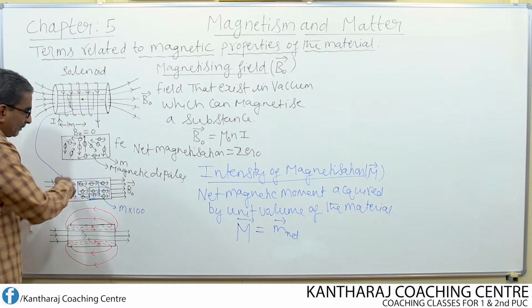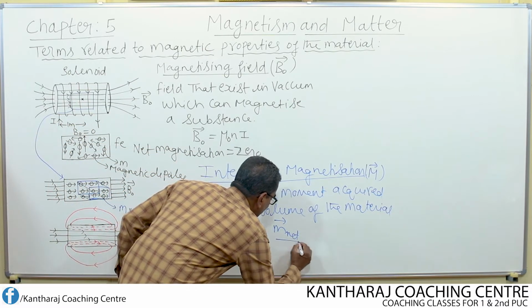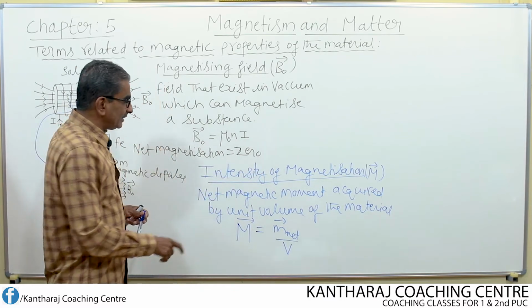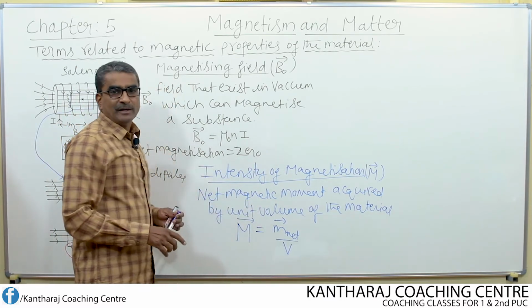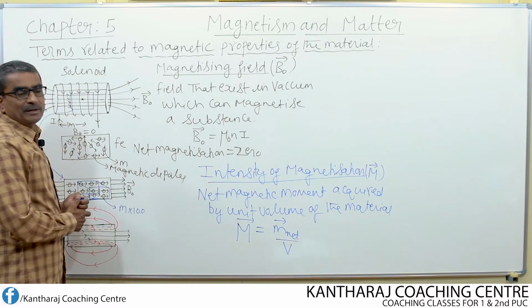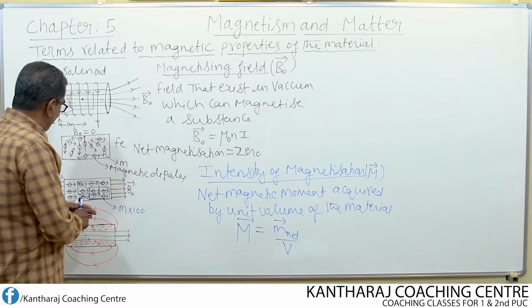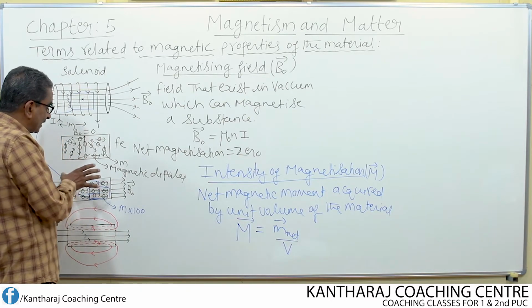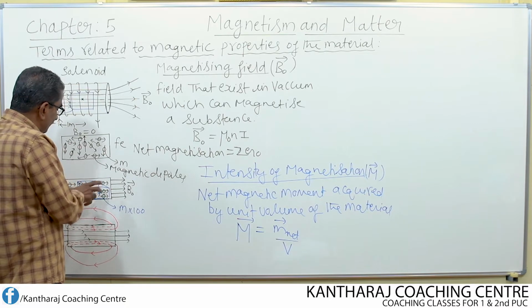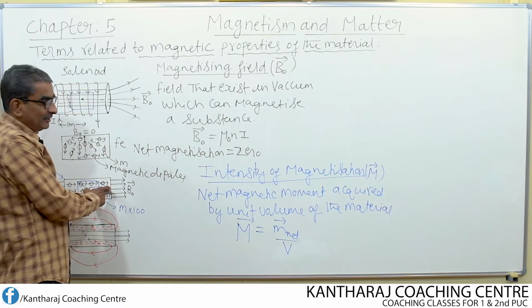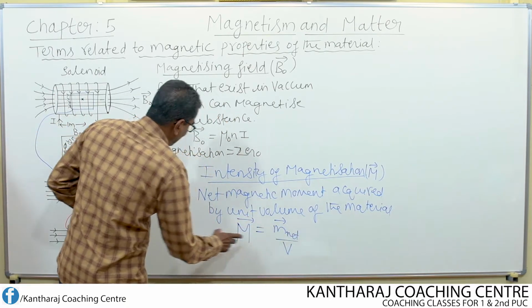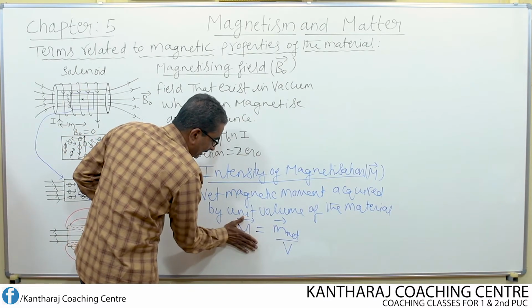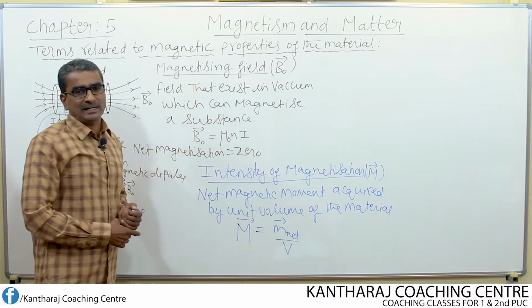I consider the total volume of the material as V. For the definition's sake, we always consider unit volume. But when we consider the entire material or specimen, then we have to consider the magnetic moment of all the dipoles contained in that material, and we have to consider the total volume of that material. So if I divide the net magnetic moment of all the dipoles of the material by the volume of that material itself, then that gives the intensity of magnetization.